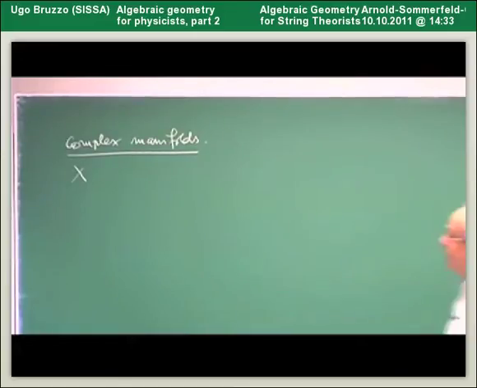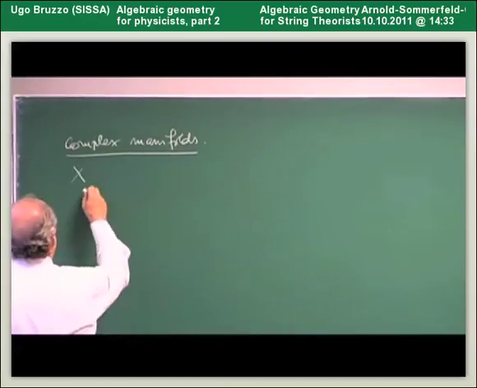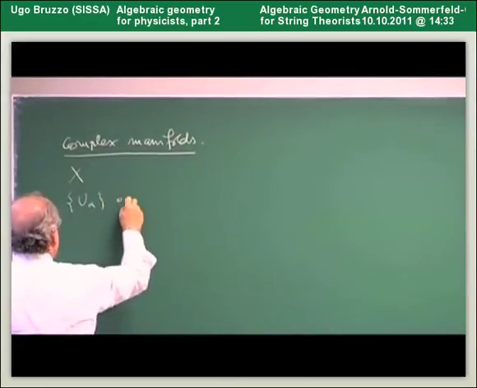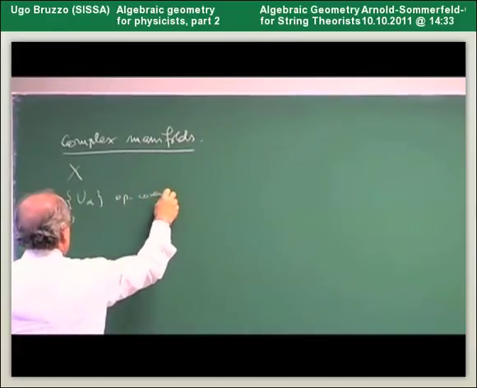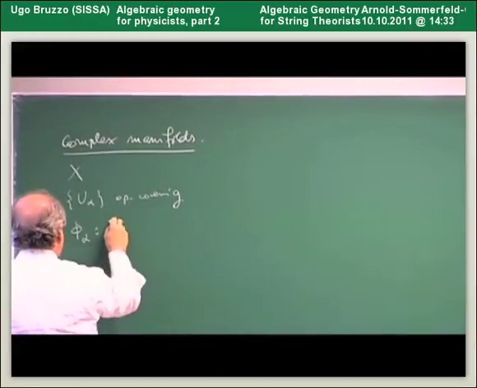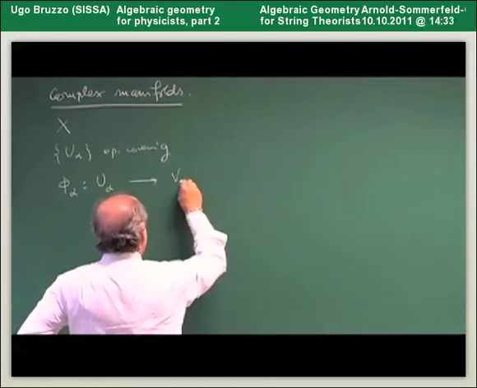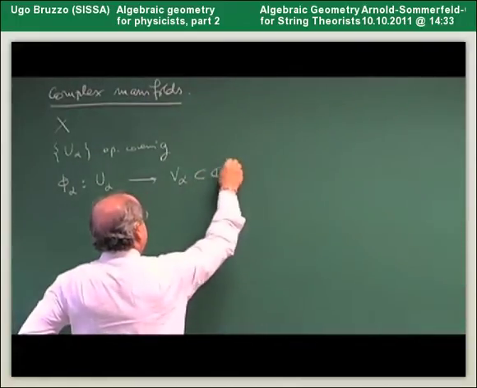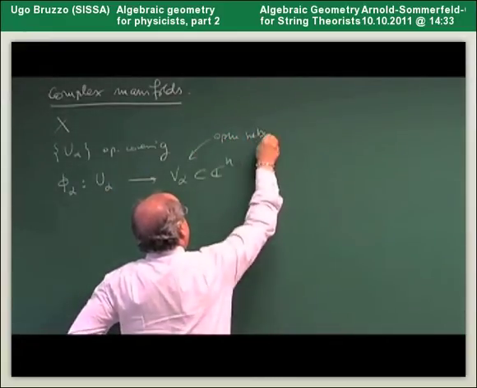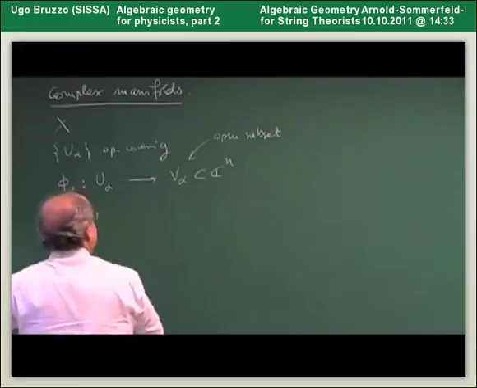Hausdorff, for instance. And then we assume that this is covered by some open covering, and we have some homeomorphisms of these open sets with either C^n or perhaps open subsets in C^n. And then we consider the so-called transition functions.